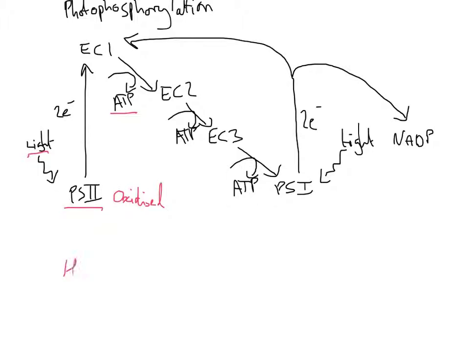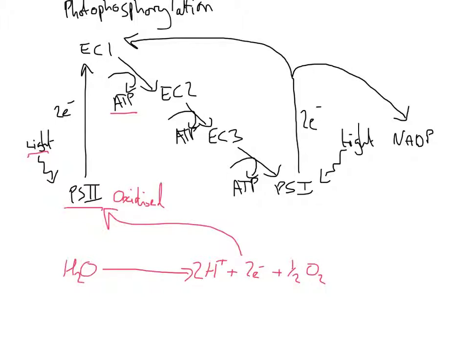The way that it gets these 2 electrons is from the breakdown of water. Water breakdown will give you 2H+, 2e-, and half of an O2 molecule. So these 2 electrons then scoot back into photosystem 2.